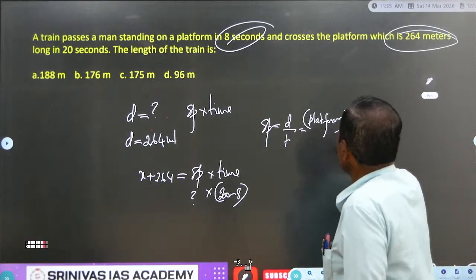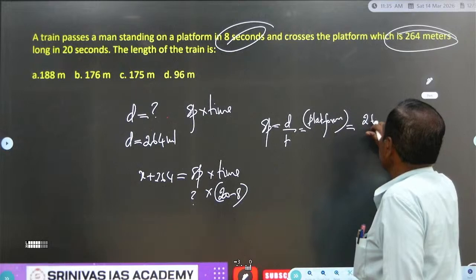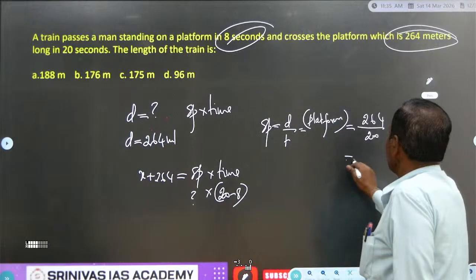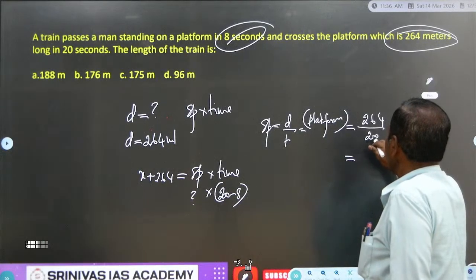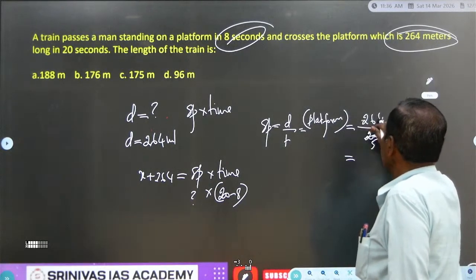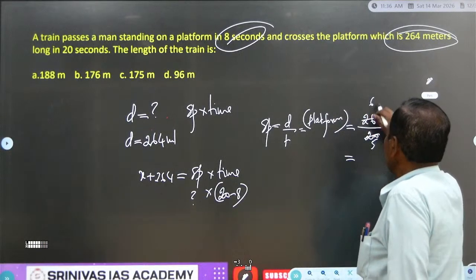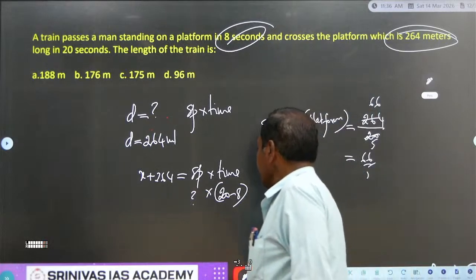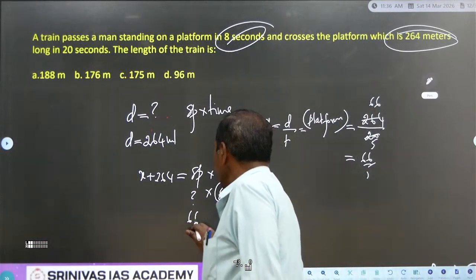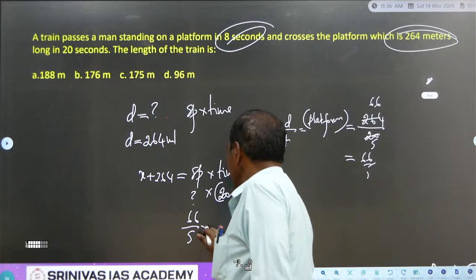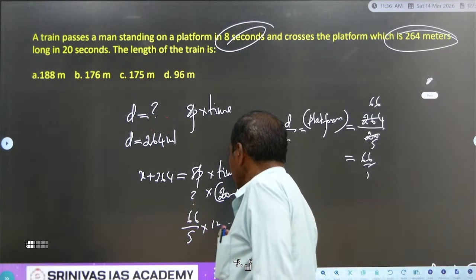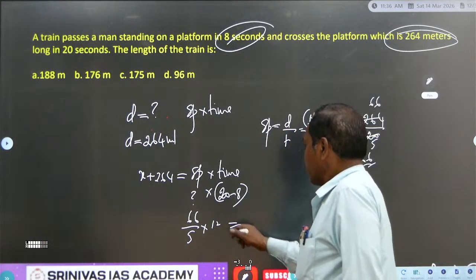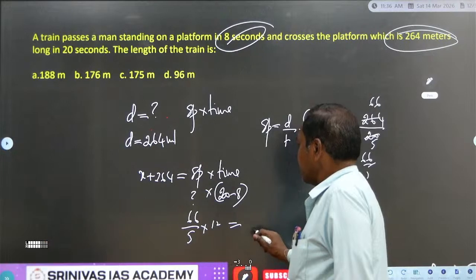What is the platform? 264 by 20. Now we can see, 4 fives are 20, 4 sixes are 24, so 66 by 5. Let us take it as it is. Now 66 by 5 into 12. How much will it be? 12 sixes are 72, but still it is not right.